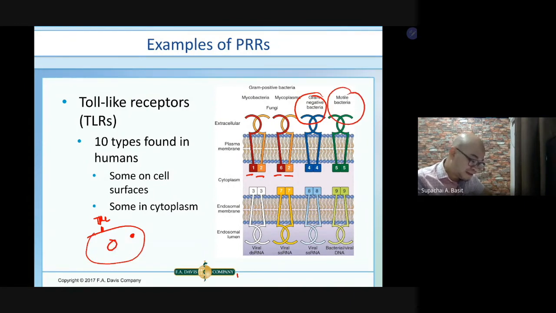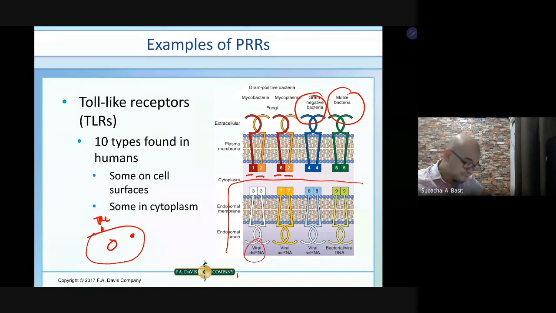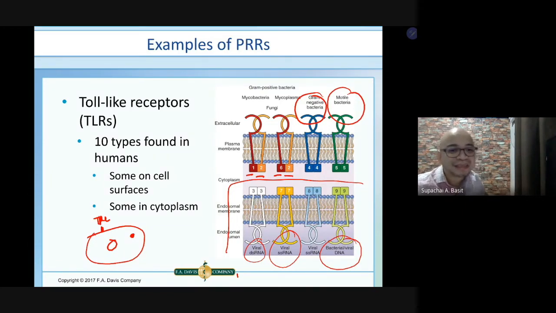There are also TLRs found in the cytoplasm, designed to recognize viral double-stranded RNA, viral single-stranded RNA, and even bacterial or viral DNA. So we have 10 all in all in our body. That is the toll-like receptors.